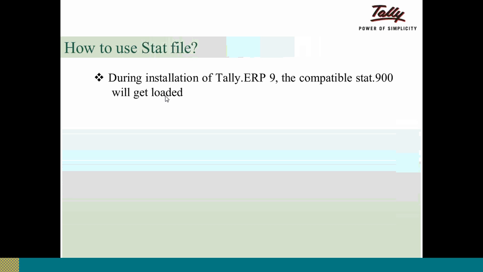As an example, if you are installing release 4.7, you will have stat 195 by default loaded. You will have a few more stat files like stat 198, 199, 200 as well. Such stat files can be downloaded and pasted in the Tally folder to get the latest update.